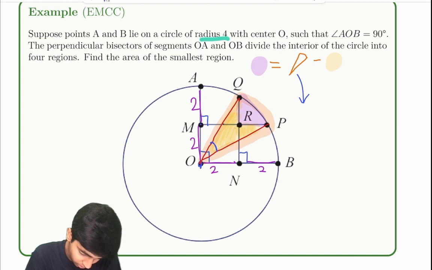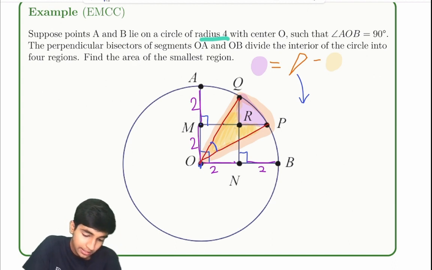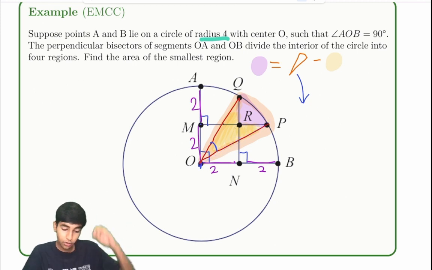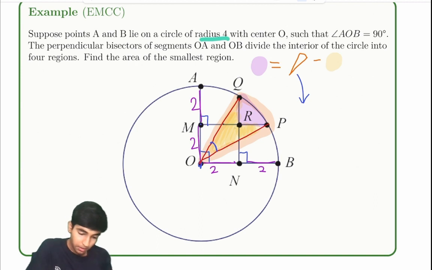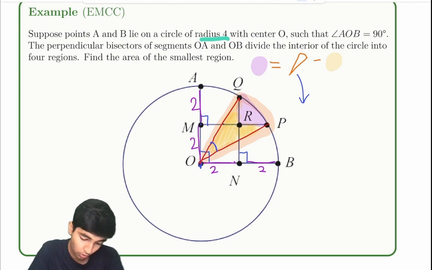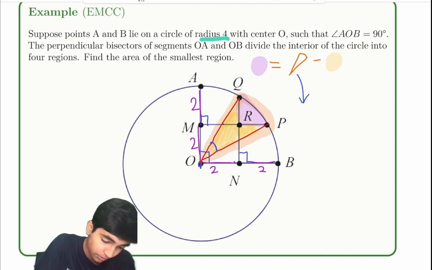Notice here how this line passes through this point, passes through a point here, and similarly this line passes through a point here. So that's one part of it, finding the area of the arc. And the second part of it is finding the area of the yellow region. Okay, so let's first find the area of the yellow region.